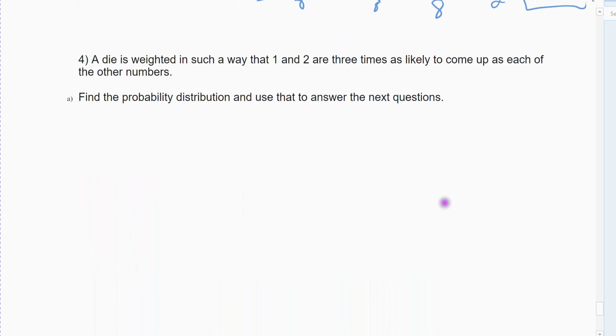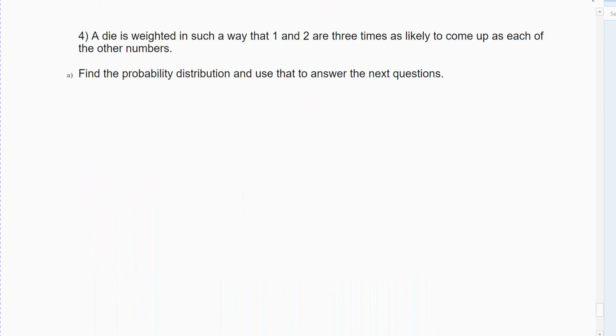Alright, the last example is sort of a toughie. This is the one where I'm going to use a little algebra, and the fact that my probabilities will add up to 1. So we've got a die that's not fair. It's been weighted in such a way that the 1 and 2 are 3 times more likely to roll than all of the other numbers.